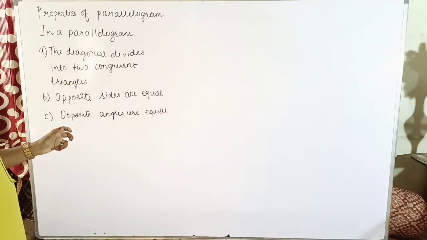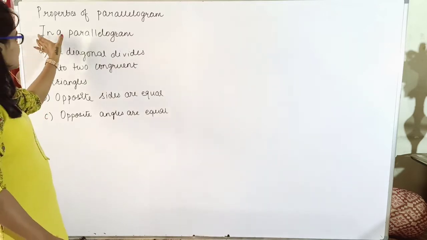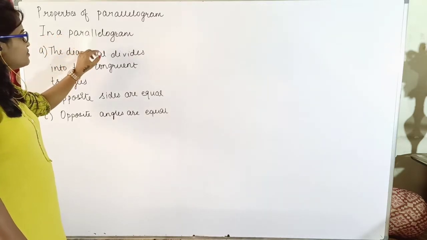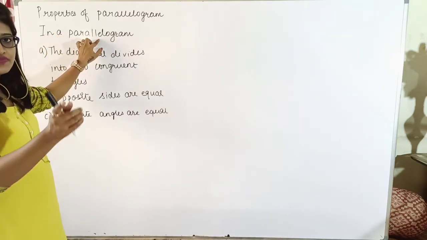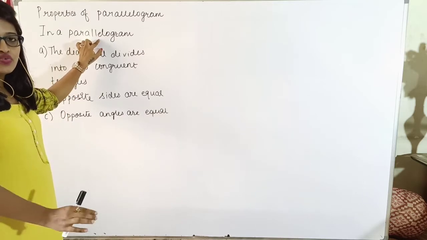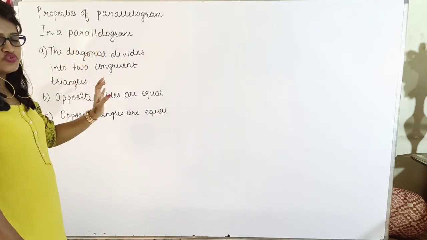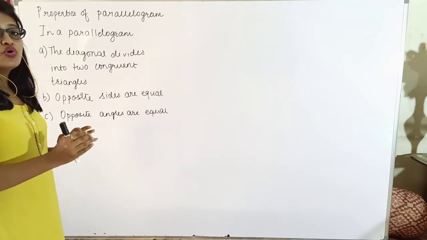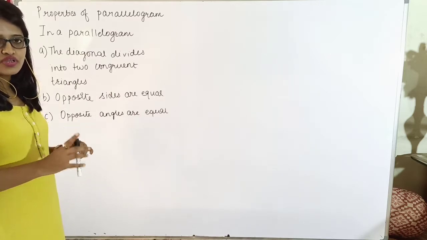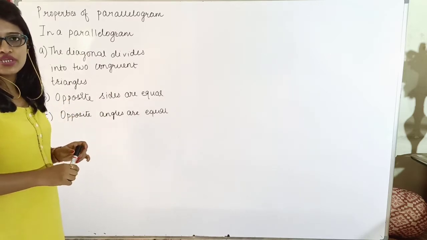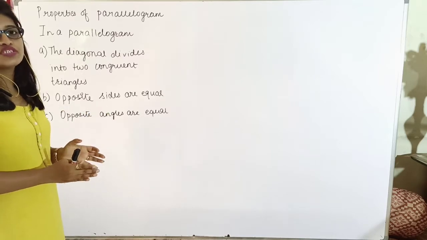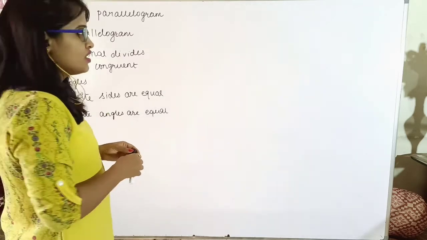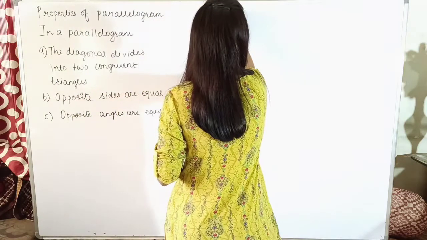So now in the question, what is given? It is said that in a parallelogram, it means the quadrilateral is a parallelogram is specified by them, isn't it? So what is the basic definition of parallelogram which we have seen? It says both opposite pairs are parallel. Okay, so that basic definition you can make use of whenever in the question they have specified that it is a parallelogram. Let us draw a parallelogram then.